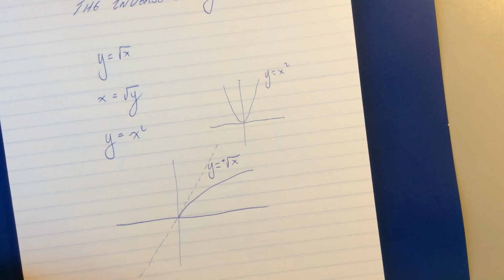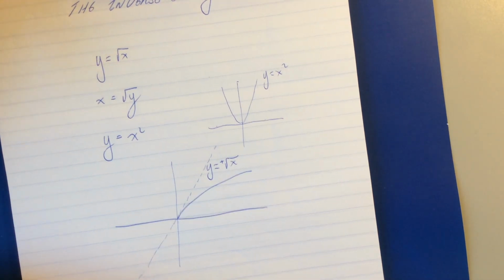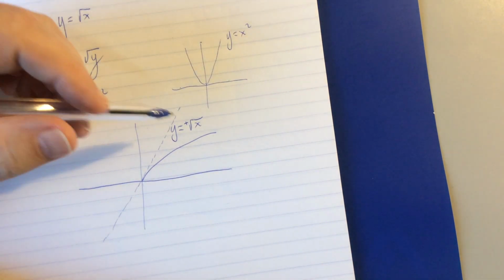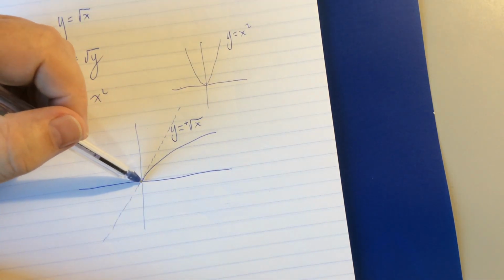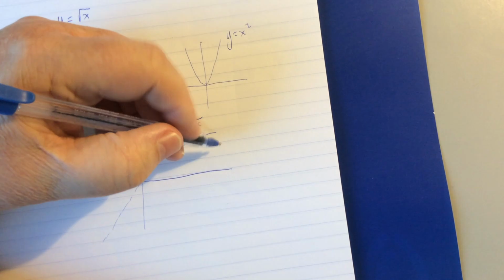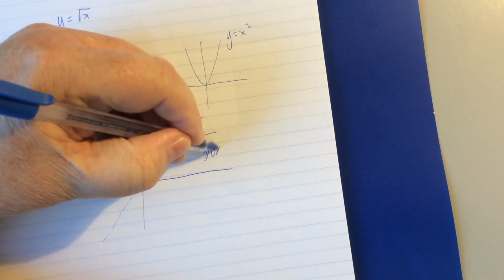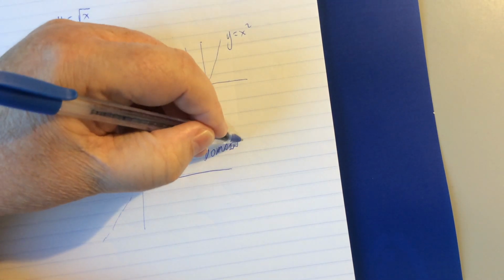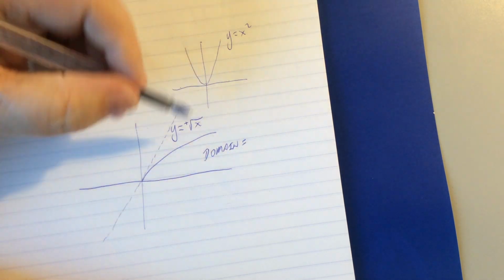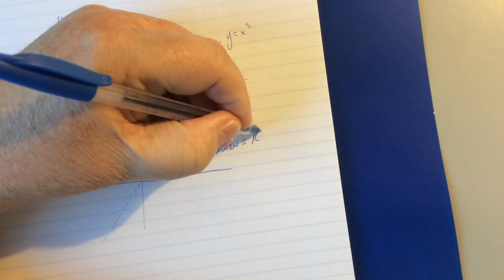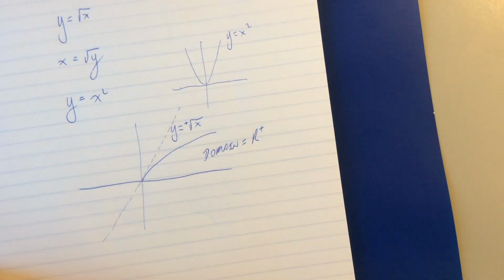Okay. So, what really does that mean for the outcome? Well, the first thing to note here is that the domain of this function is equal to positive real numbers.